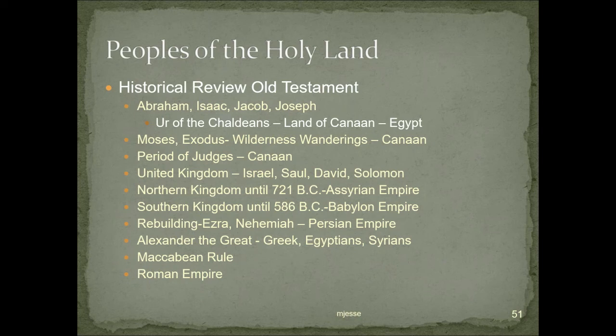Eventually, there's a time period when revolt takes place and the Israelites are able to claim back Israel for a short period of time under the Maccabean rule until they finally fall to the Roman Empire. So you can see that the peoples of the Holy Land are varied, and not only that, but the Israelites have been subjected to a myriad of cultures and beliefs, and yet despite all this, they maintain their belief in the one monotheistic God.